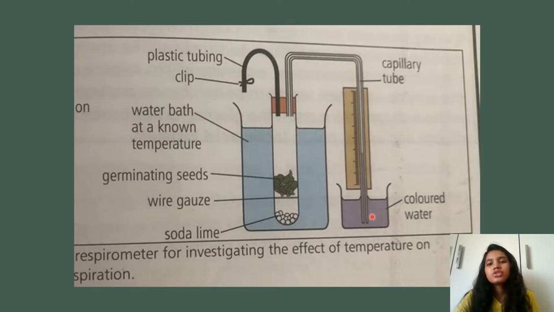Okay. So what we're going to do is insert a test tube with soda lime inside and germinating seeds. Okay, and let's say the water bath is at 50 degrees Celsius.